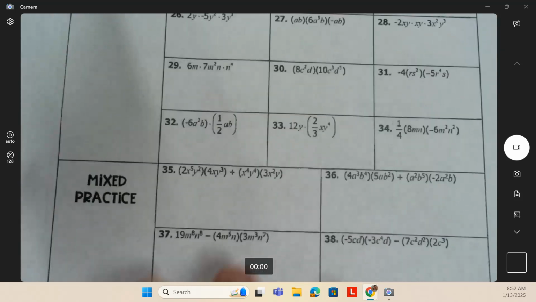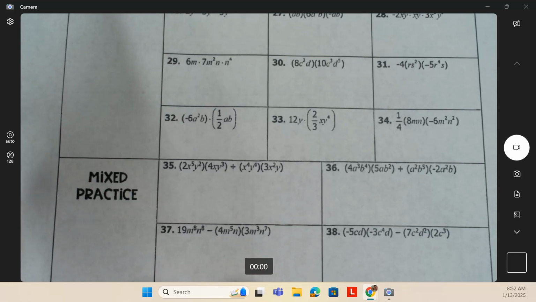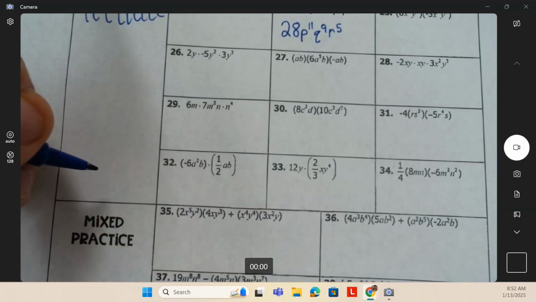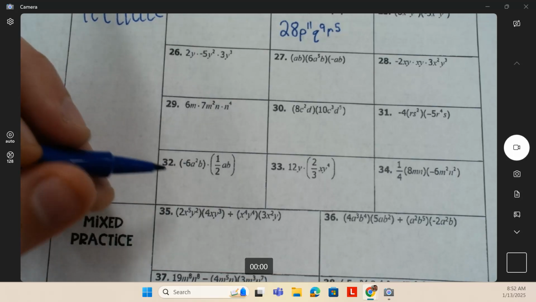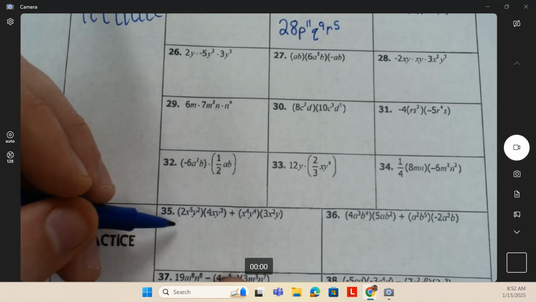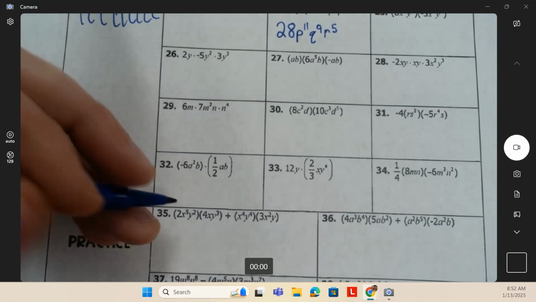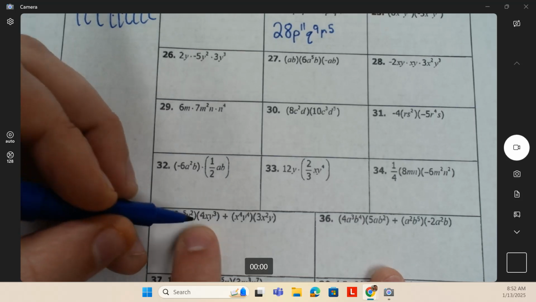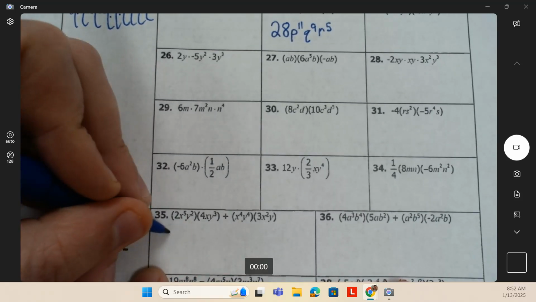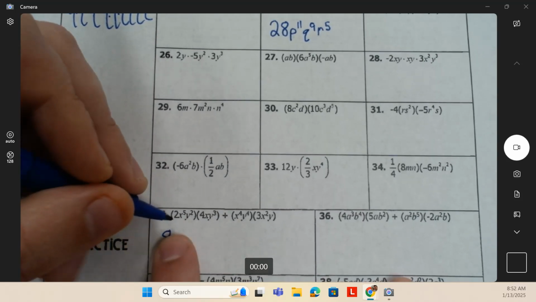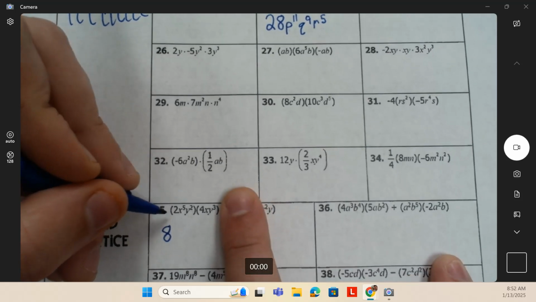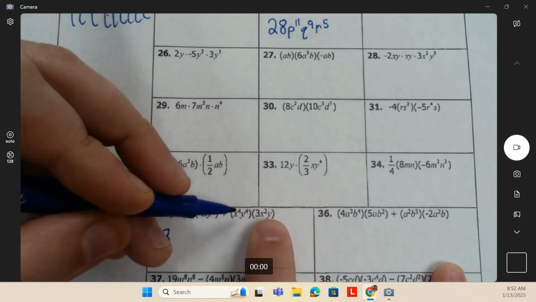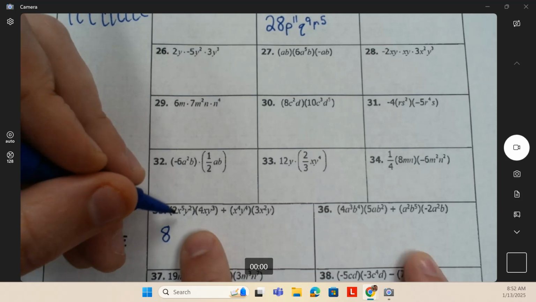Okay, then down here you'll have some mixed practice to work on. On that mixed practice, we're going to go through the same steps, but we're going to do our multiplying first. For number 35, for instance, first I'll multiply my coefficients. 2 times 4 gives me 8. Then I'm sticking to this part over here that's getting multiplied together, so not this other side yet.